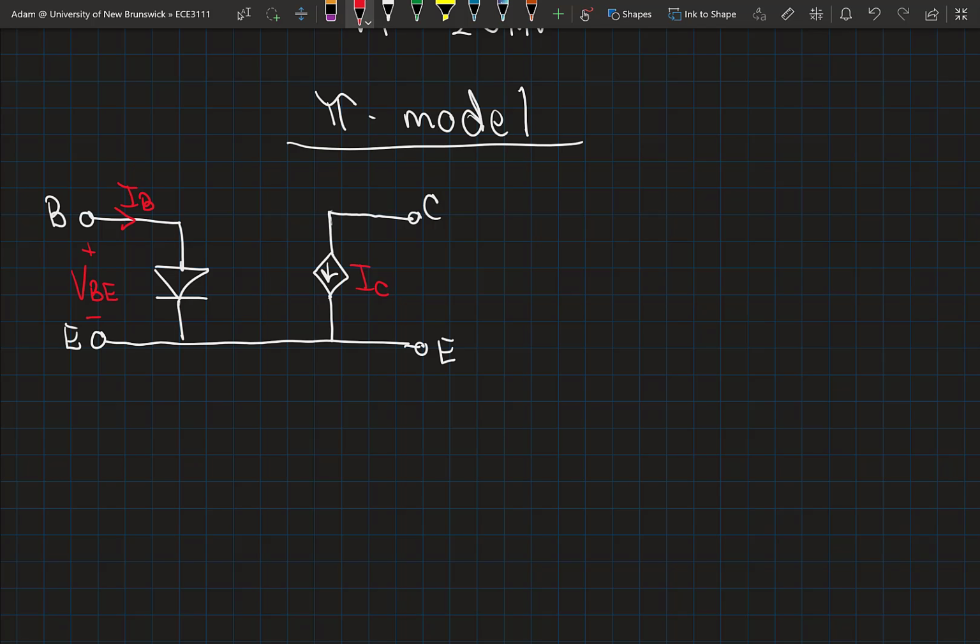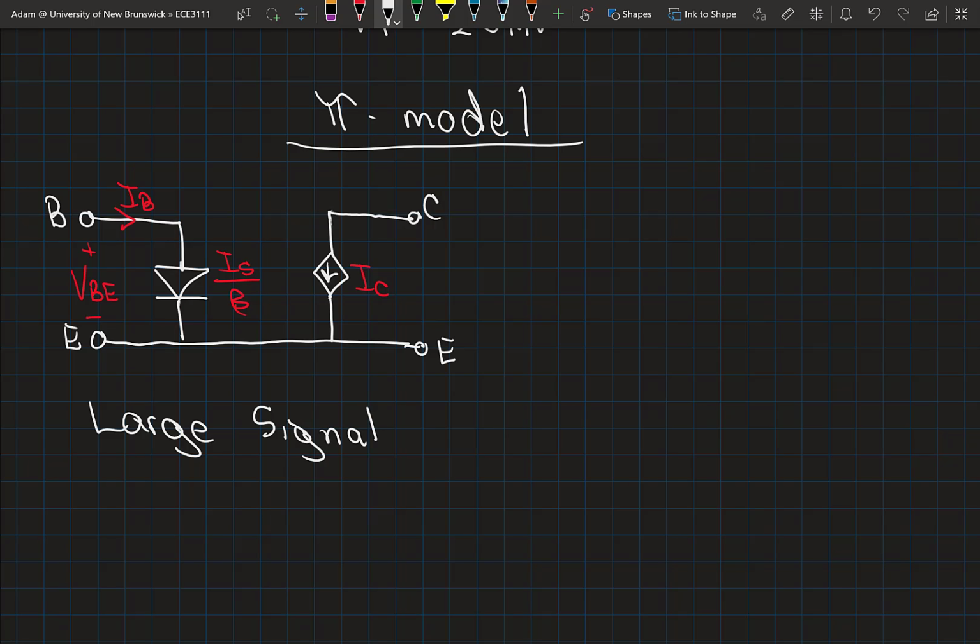And the diode in this model, you'll remember, has a saturation current scaled by beta, because our saturation current in these models is based on our collector current, and since the current through this diode is base current, the saturation current has to be scaled by the relationship between the base current and the collector current, so it's scaled by a factor of beta. Okay, so this is our large signal pi model.